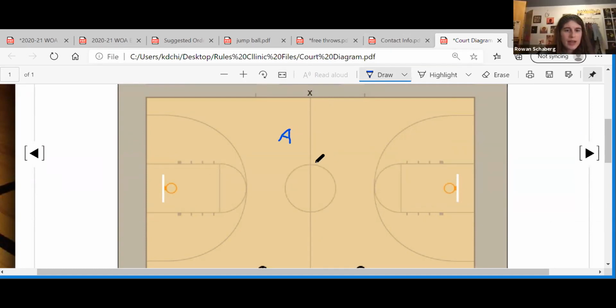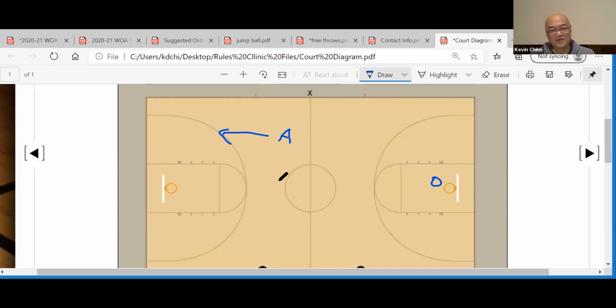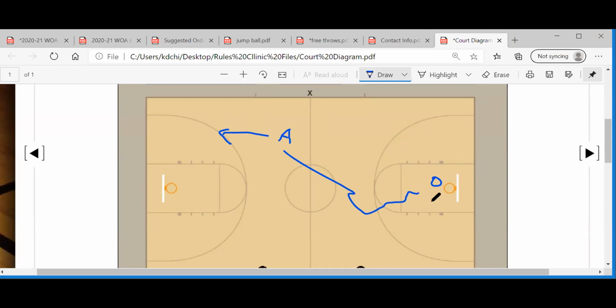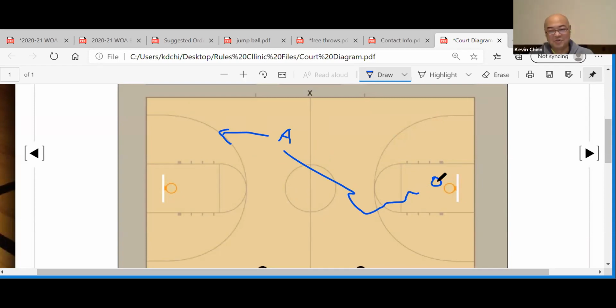No, A1 touches the ball first when she is standing in their backcourt lane area. So yes, that is a backcourt violation. Let's see, here's A. We're going this way. The ball gets lost and it bounces all the way back here. A2 touches the ball here. We have a backcourt violation.